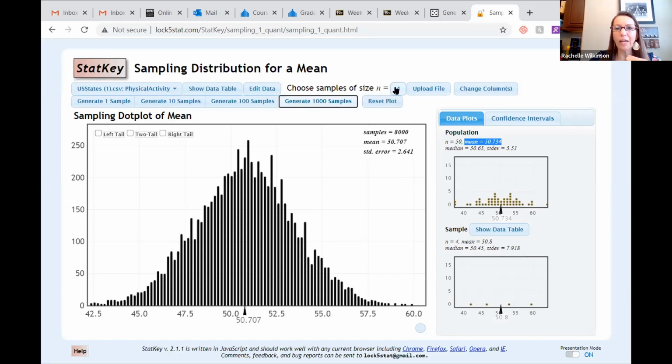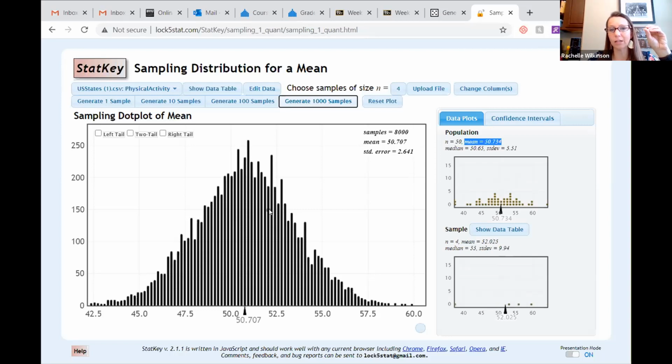Okay, and something that I want to point out is that the sample size is different from the number of samples. In this plot right here, my sample size was 4, but the number of samples was 8,000. The sample size refers to how many states were randomly selected, and I computed the mean from that number.